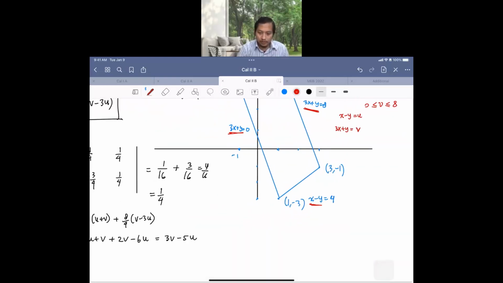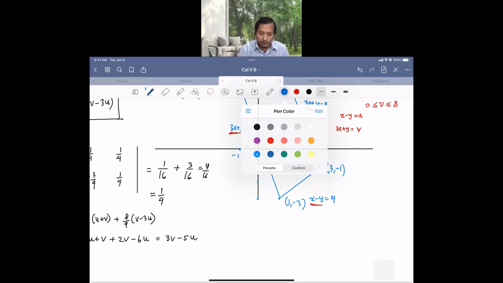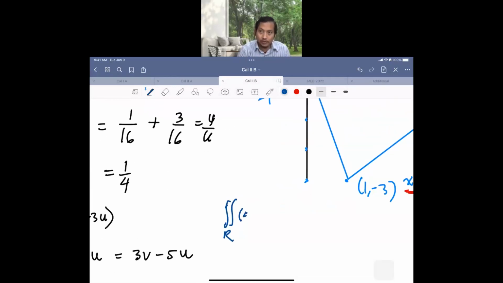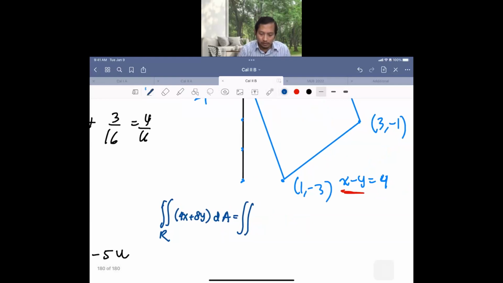So the equations, we can convert. Let's say that we have negative 4, 4, and 0, 8.